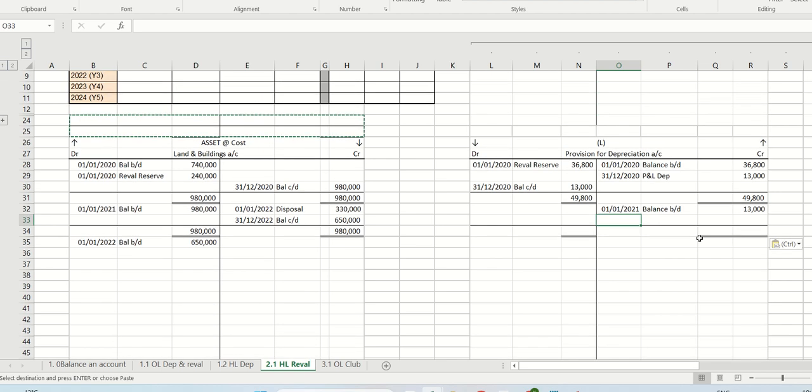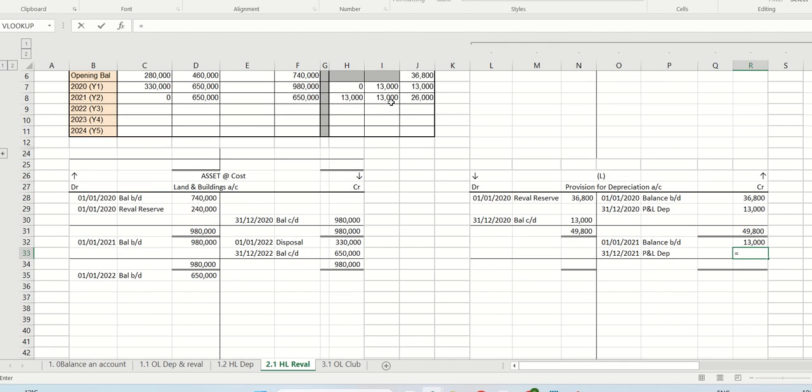I entered here. I did it. My depreciation, my P&L debit, 13,000. In we go here. I'd say I talked about it and I never entered it.